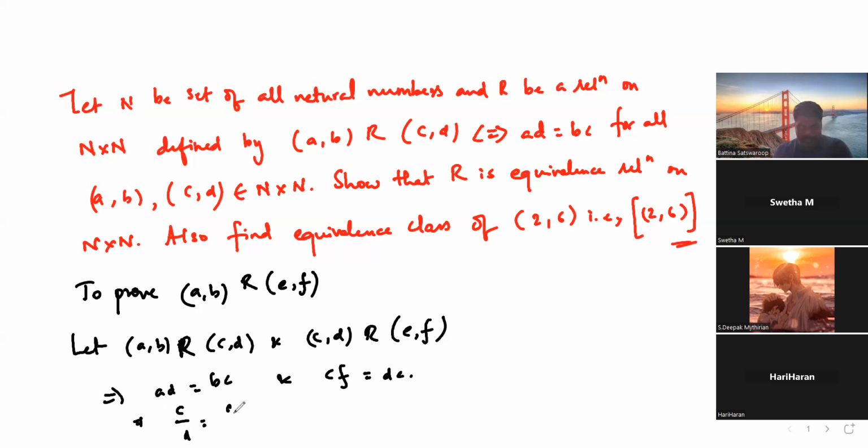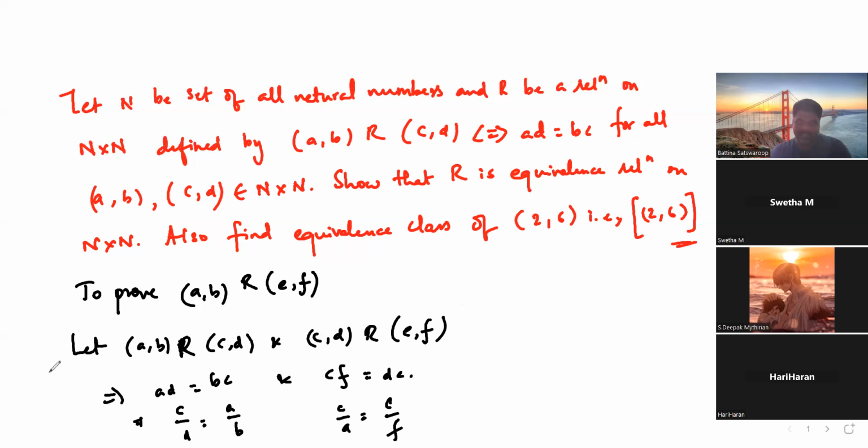C by D is equal to A by B. C by D is equal to E by F. Then we will get AF equal to EB, no, sir.